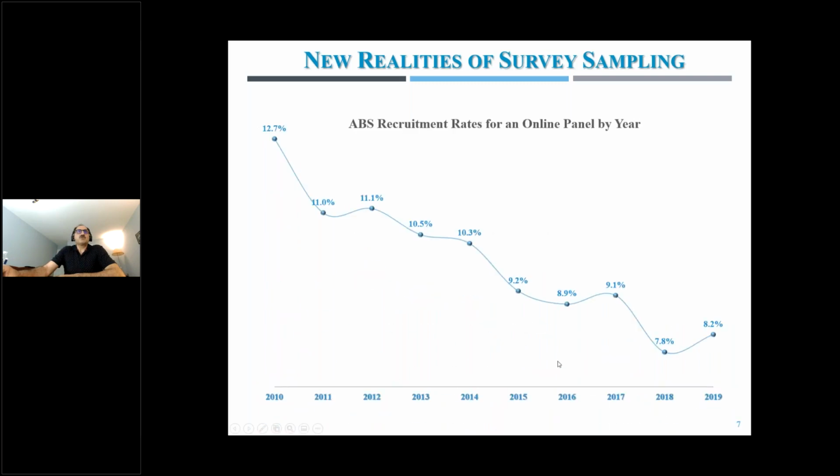Also, this slide shows the declining rate of response to address-based methods for a particular panel that uses ABS for recruitment.